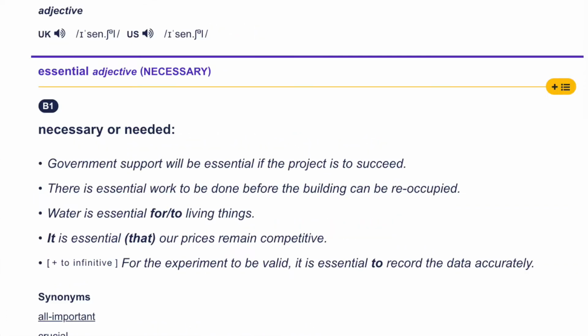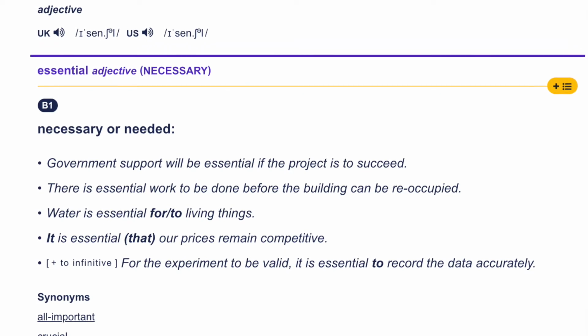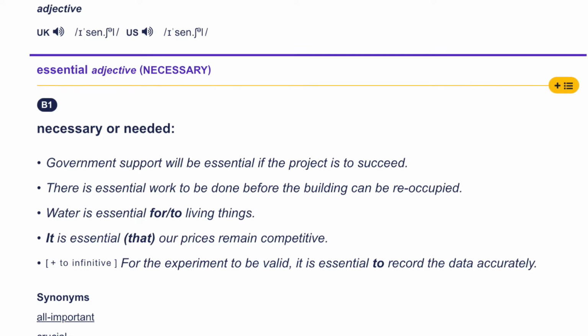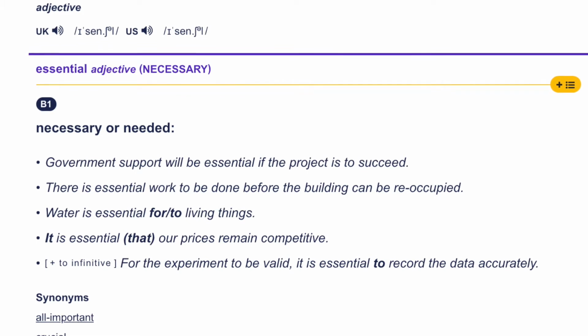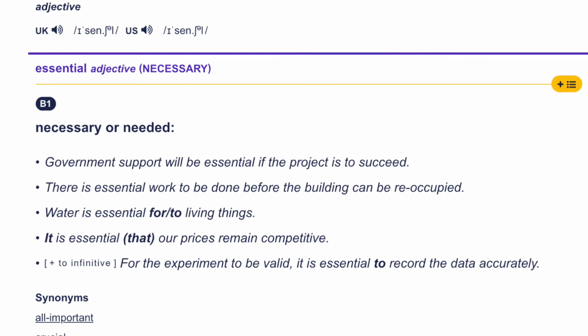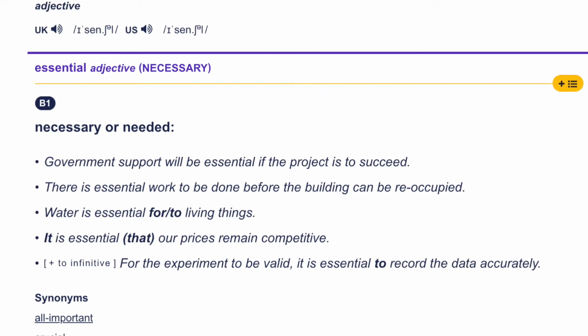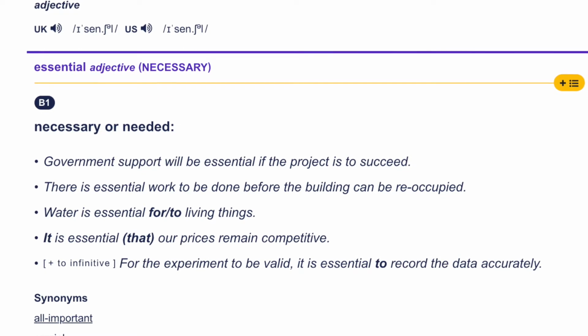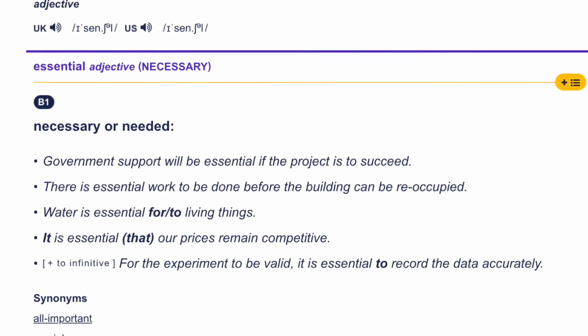And then straight away, you've got 5 examples of how the word is used in a sentence. In the first one, government support will be essential if the project is to succeed. So you can see the words around essential, like government support, will be essential.